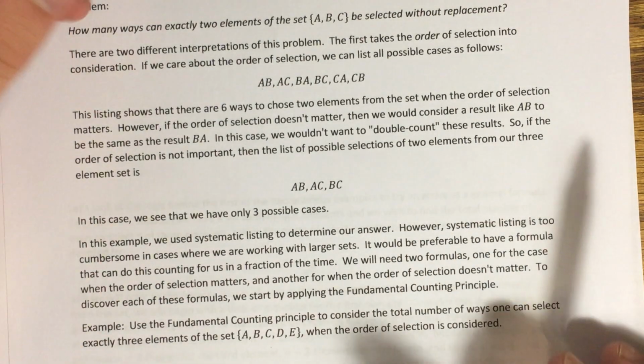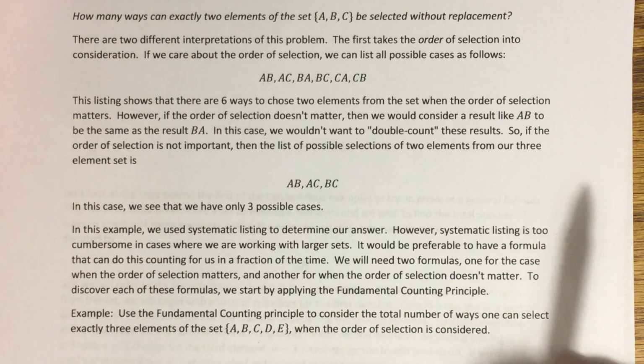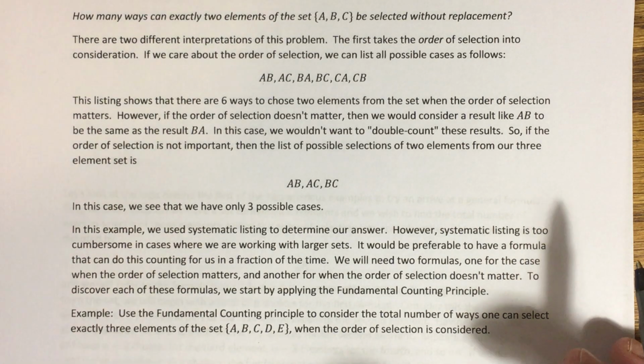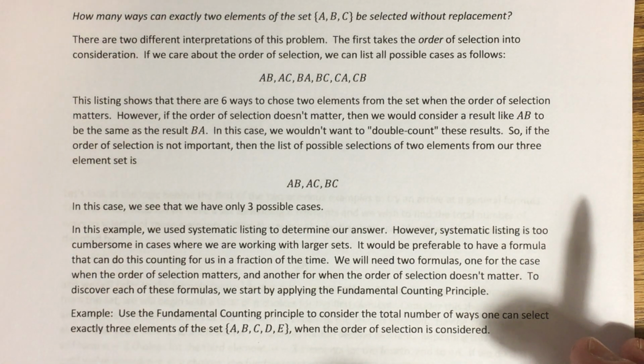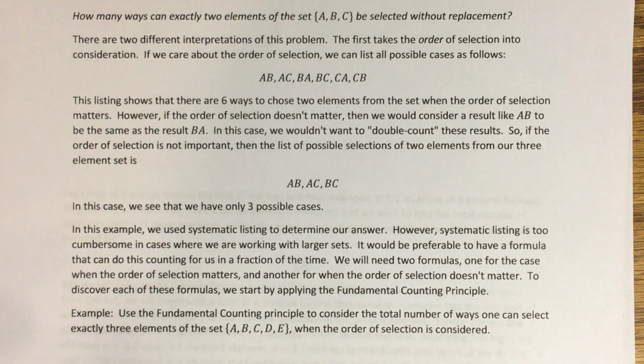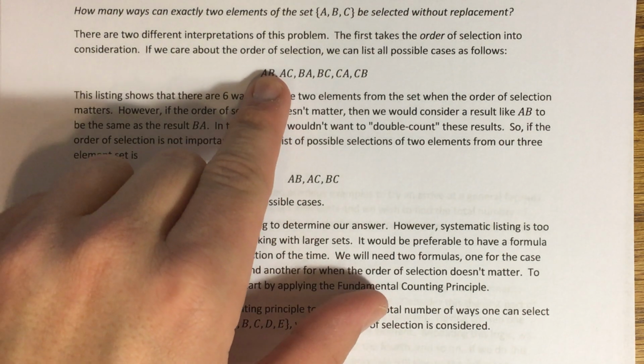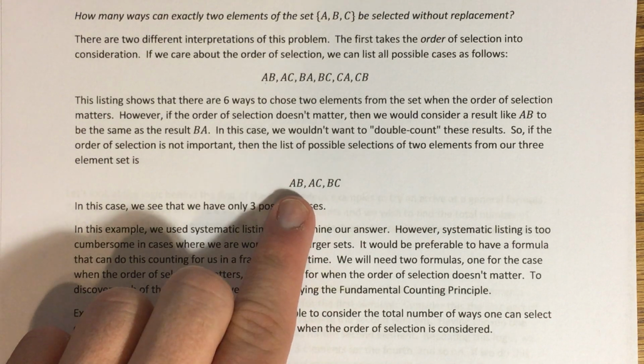These are the 2 types of problems that we're going to look at in this section. Again, it's selecting a finite number of objects from a potentially larger set, in this case selecting 2 objects from a 3-element set, and then we have the 2 possible cases, whether we want to count according to the order of selection or if we don't care about the order of selection.